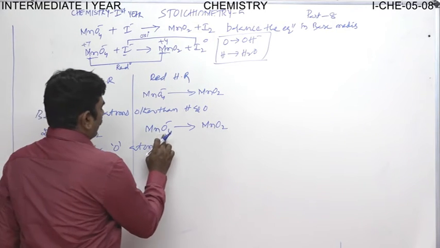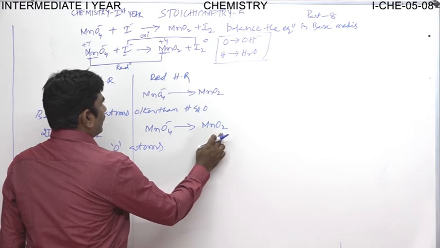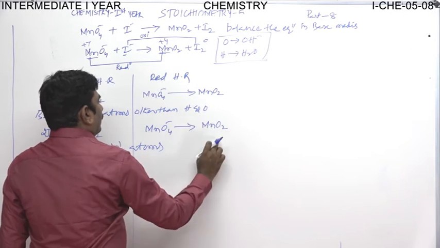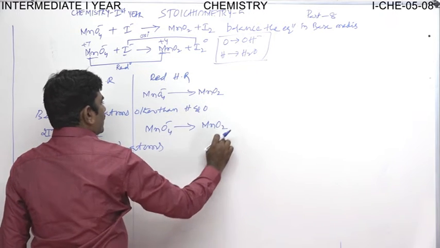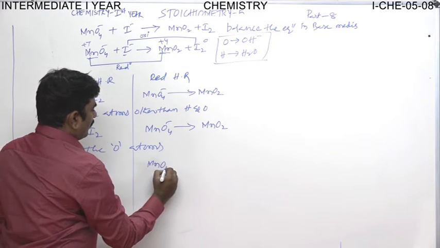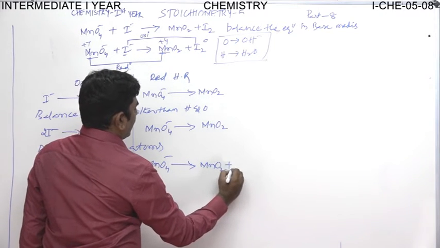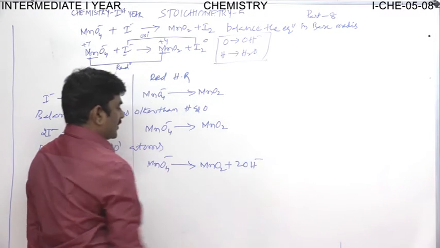Here 4 oxygens and 2 oxygens, so this side 2 oxygens are deficient. For each oxygen 1 OH minus, so we write 2 OH minus. MnO4 minus will give MnO2 plus 2 OH minus.